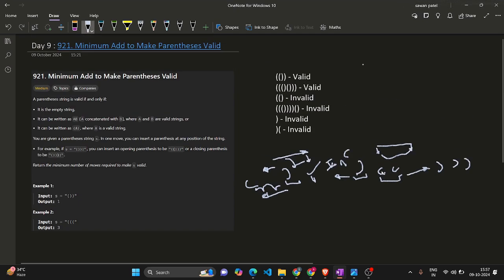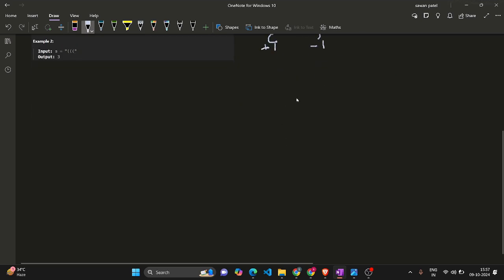So how can we do this? We can consider opening as plus one, and closing as minus one. We can iterate from left to right and maintain one variable, let's say current, which is zero in the starting.